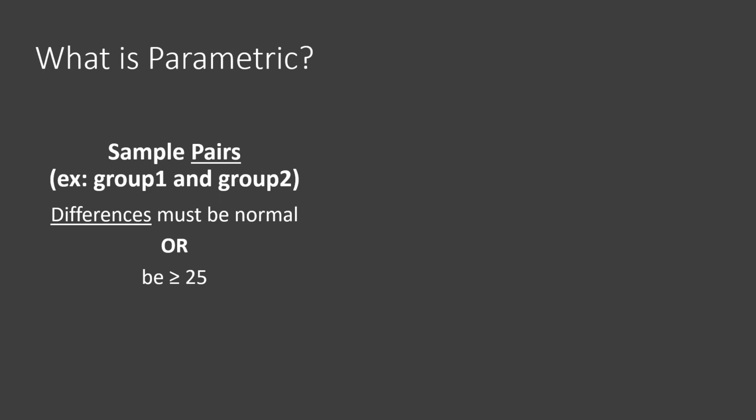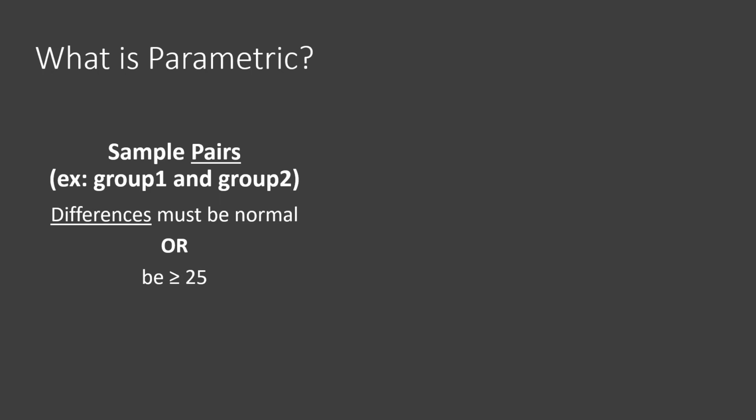So to know if your data is parametric, basically, if the differences between group 1 and 2 are normal, then it's parametric. Or if the sample pairs are greater than 25, then that's also parametric, right? So back to the example of the BMW Honda group, if there are 25 or more drivers, then that's parametric. And if the differences between the two groups is normal, then it's also parametric, right? So it's one or the other.